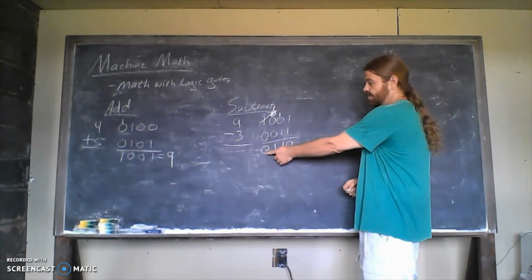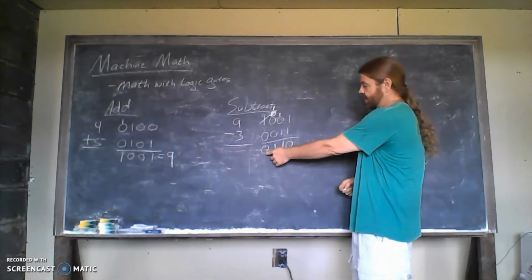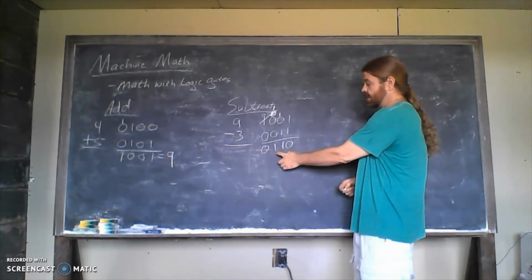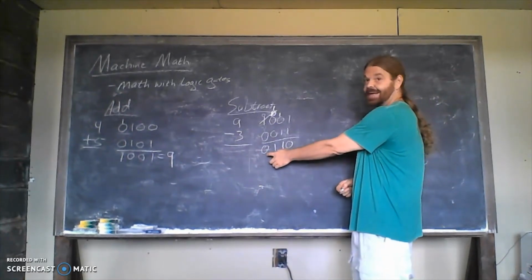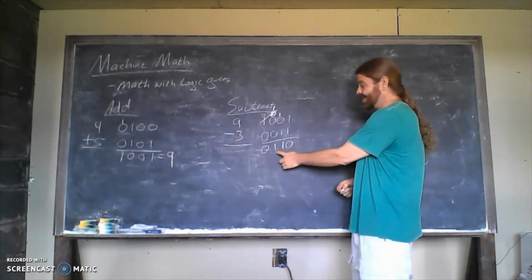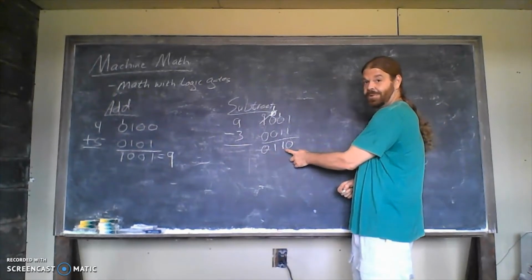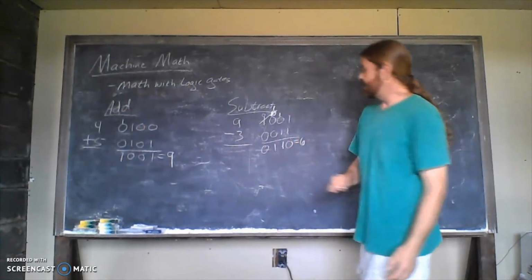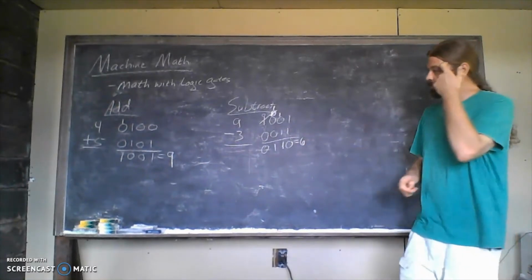So then we have 0 4s, oh, that's 8. We have 0 8s, 1 4, 1 2, and 0 1s. So 4 plus 2 gives us 6. Exactly what we would expect.